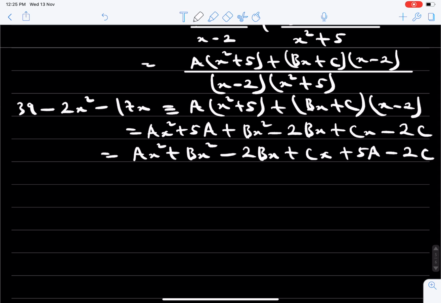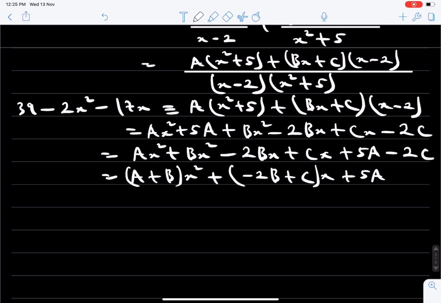Alright, that's beautiful. And this simply means a plus b times x squared plus minus 2b plus c times x plus 5a minus 2c.